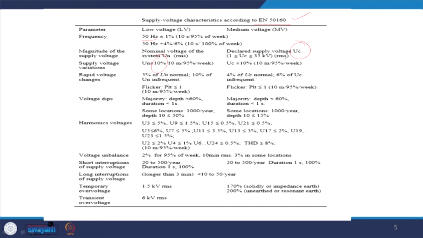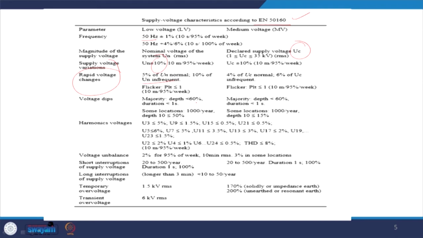Similarly, it can also have a 10% variation. Rapid voltage change is 5% under normal condition, 10% under weak frequency control. Flickers should be less than 1%, and here also less than 1%.